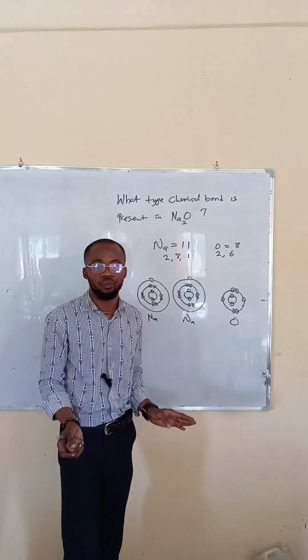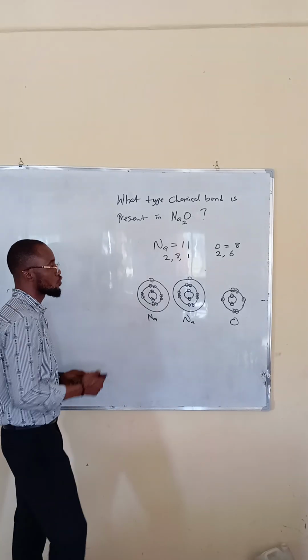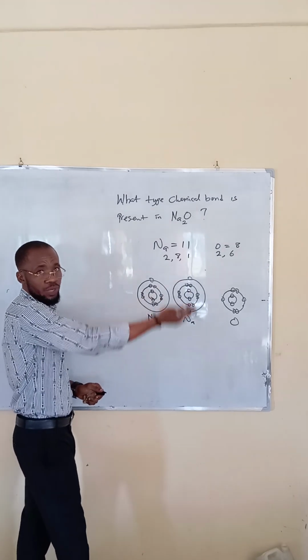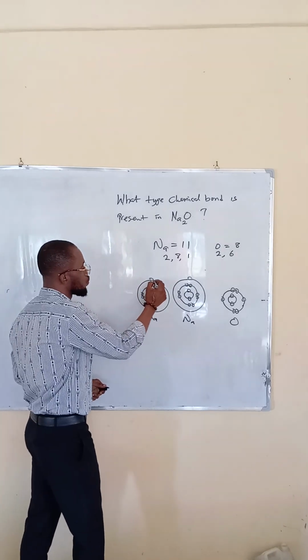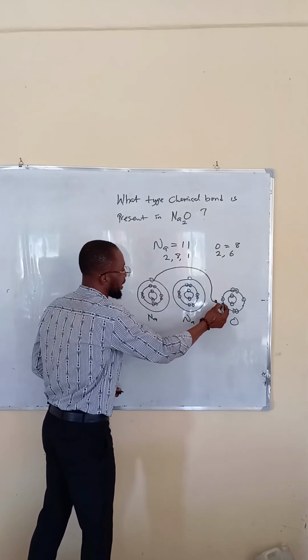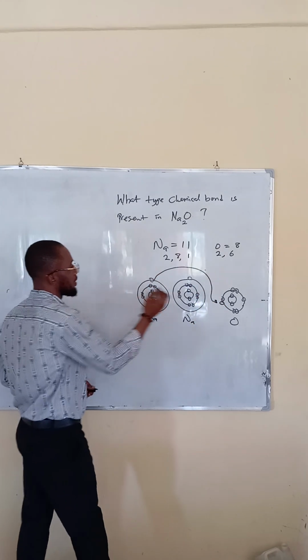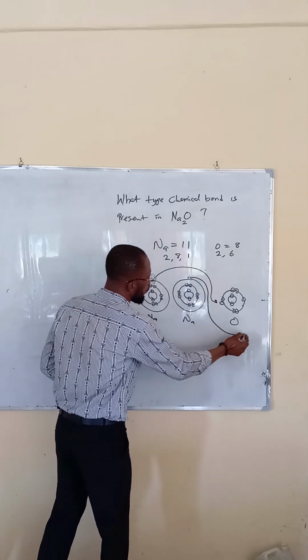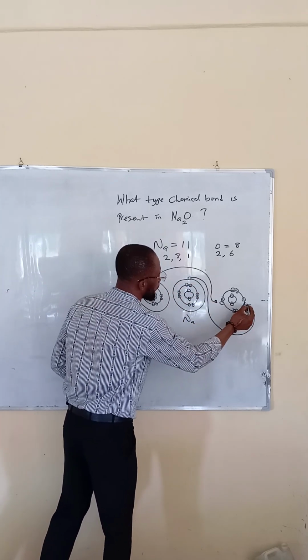So what do you think will happen? Now, sodium cannot get 7. Therefore, it will be easier for it to lose 1. It will lose 1 to oxygen, and the oxygen will receive that 1 here. And this sodium will also lose 1 to oxygen, which will position here.